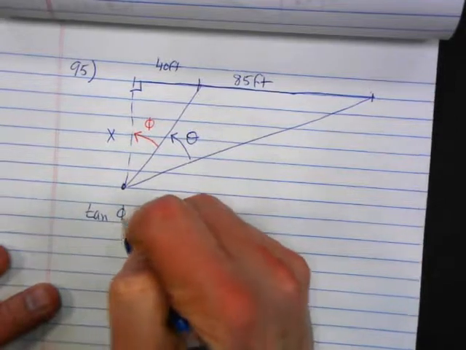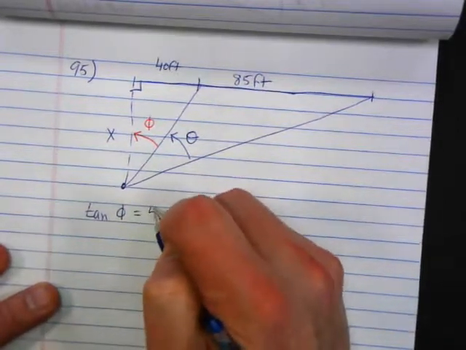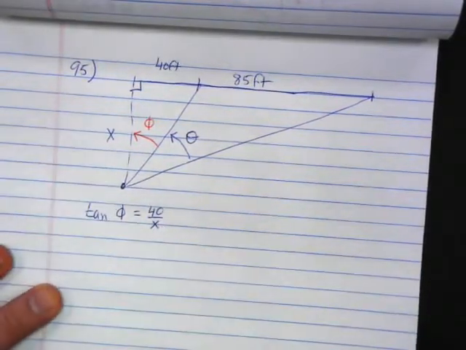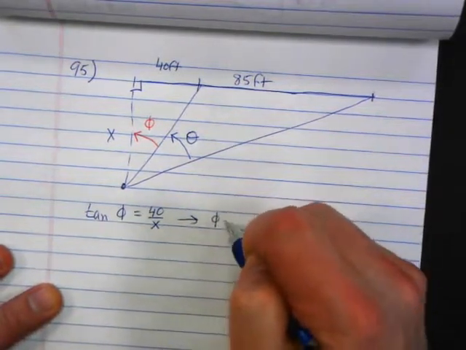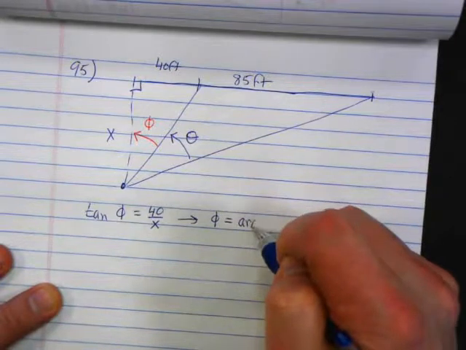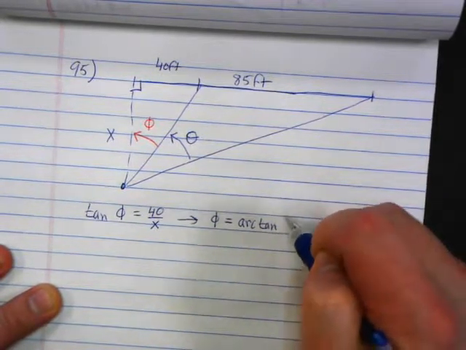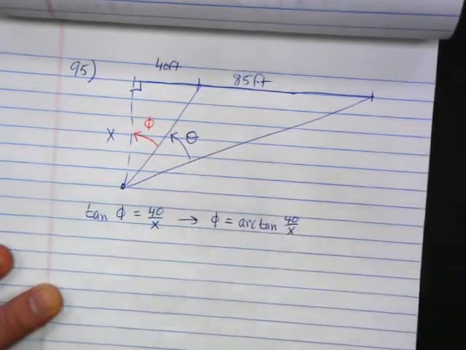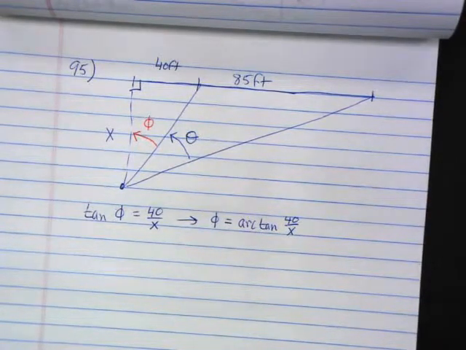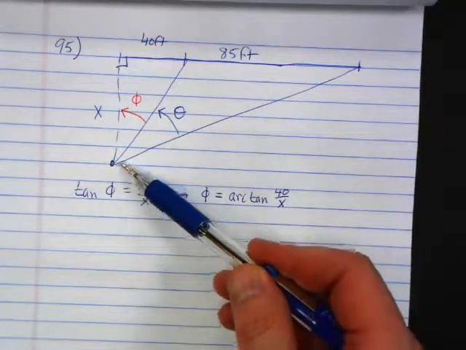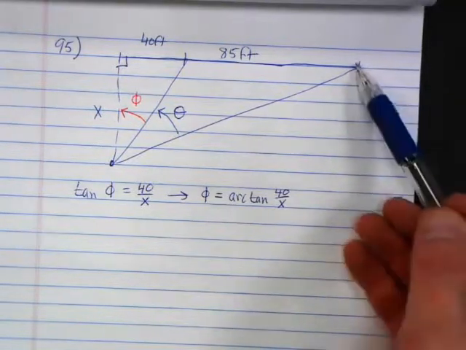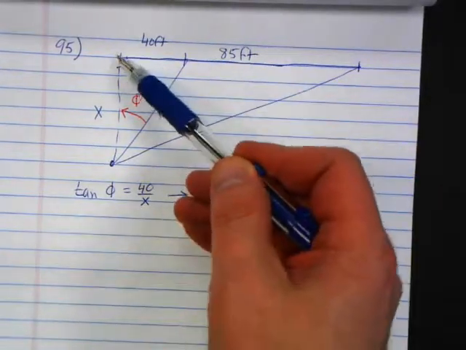Tangent of phi is 40 over x, which is the same as saying phi is arc tangent of 40 over x. Now let's look at the big triangle, the triangle that has that hypotenuse, that side, and that side.